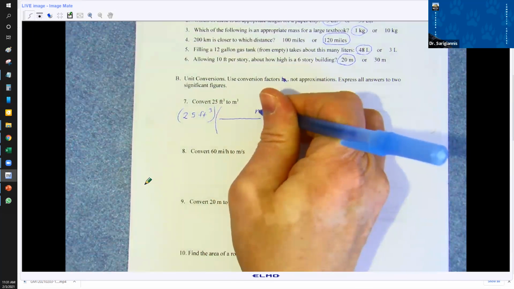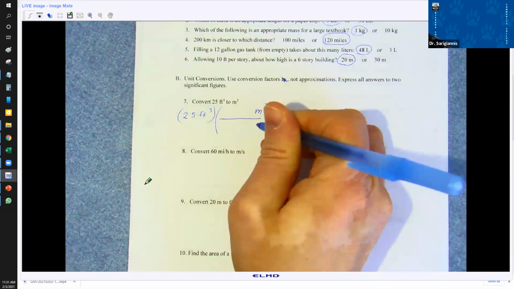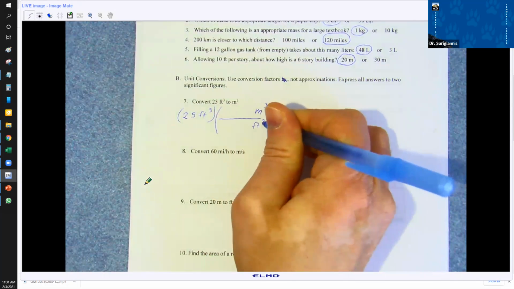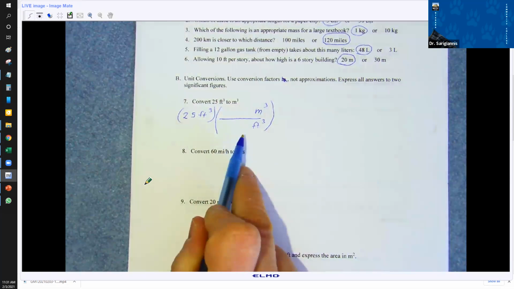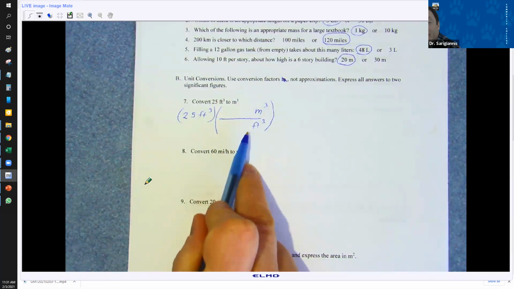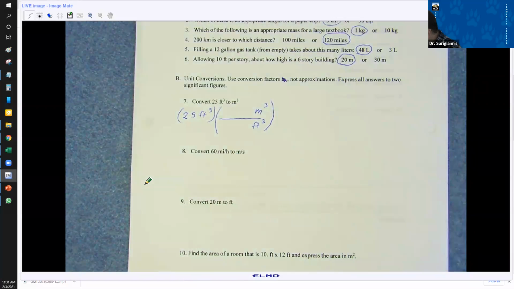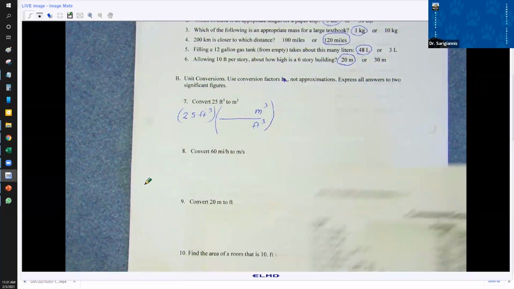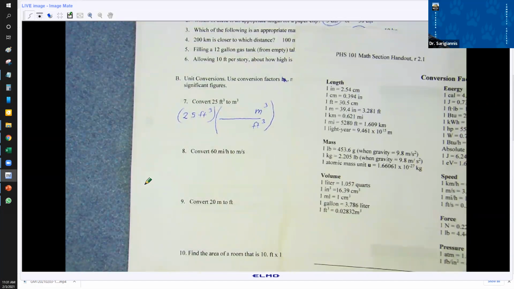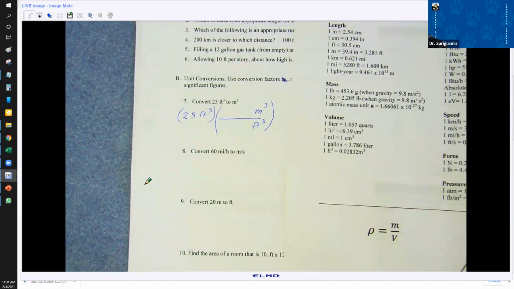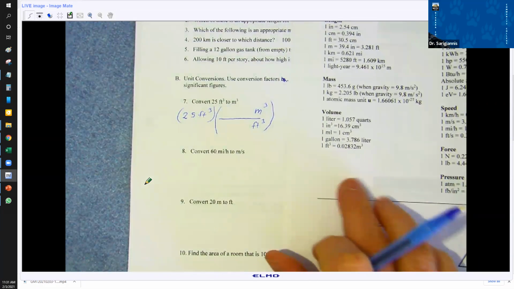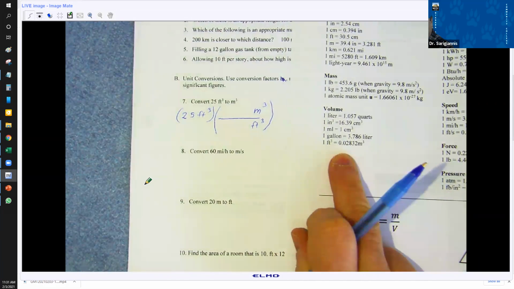I want cubic meters, and I want to get rid of cubic feet. We need to find the conversion factor that tells us the equivalence between those. So if you go into the back of the book, there are conversion factors for volume. And we have this conversion factor.